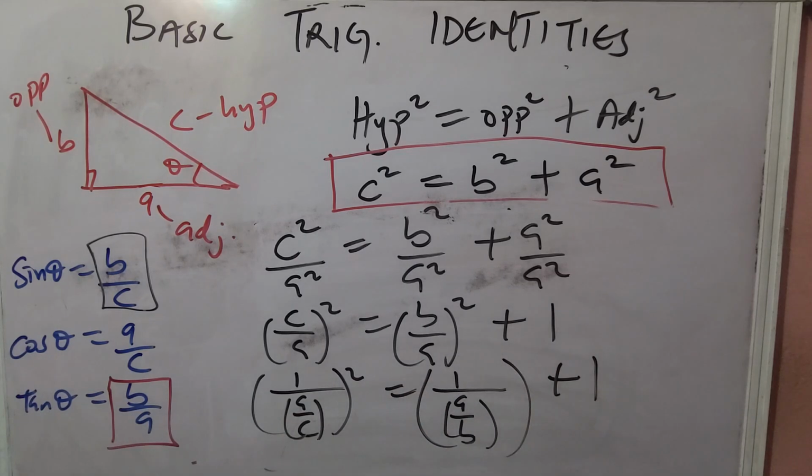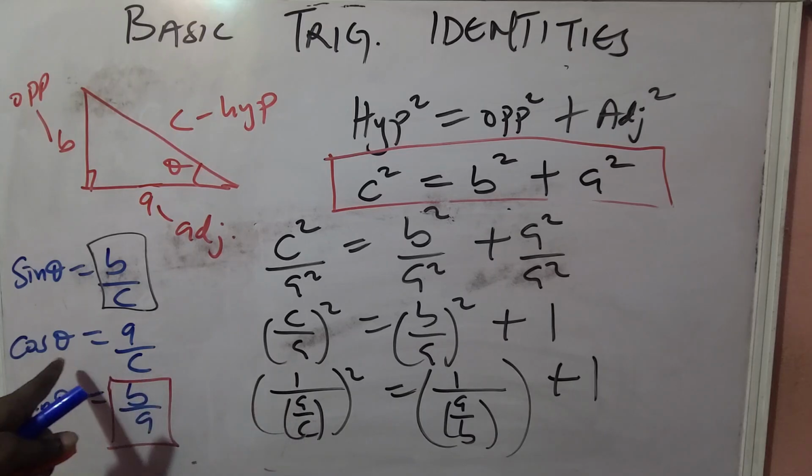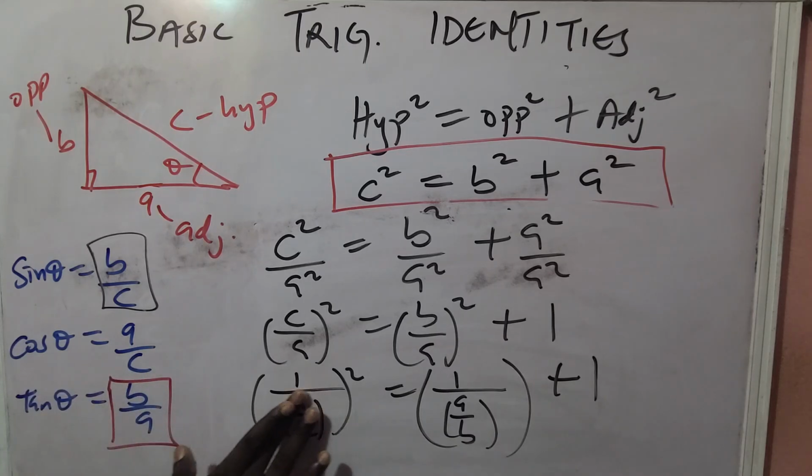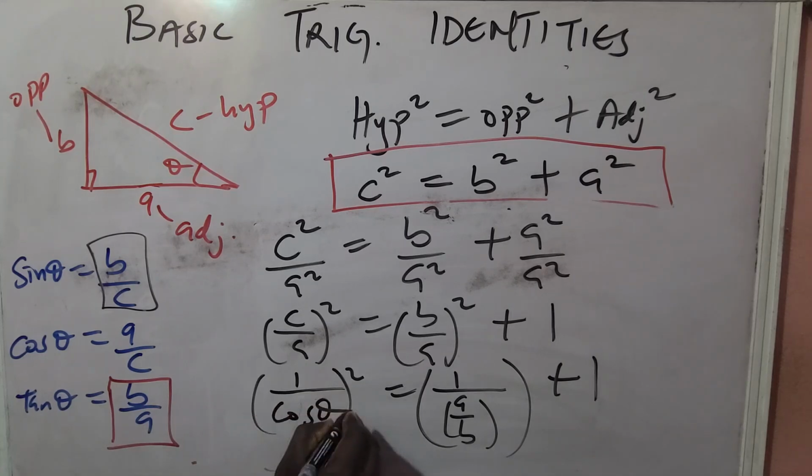Now looking at what we have here, A over C is the same thing as cos theta. So I won't be wrong if I decided to write cos theta here. And A over B, well, we don't have A over B here, so I think what we could have done was leave it at B over A, because we have B over A represented here.